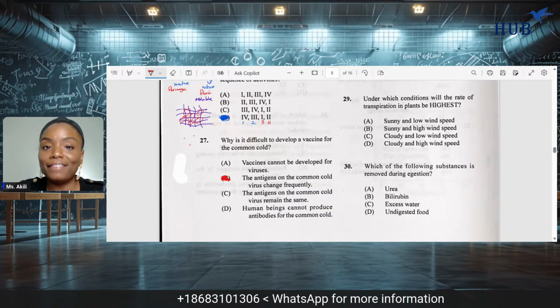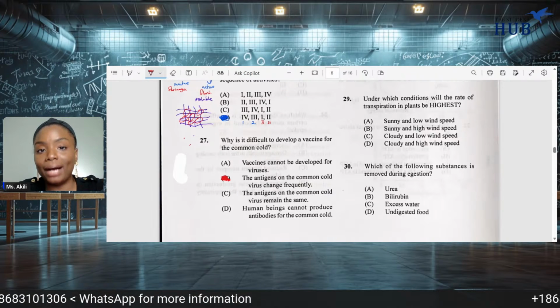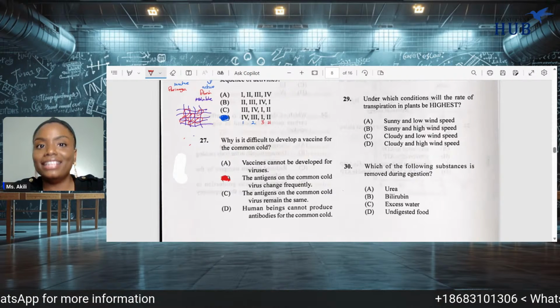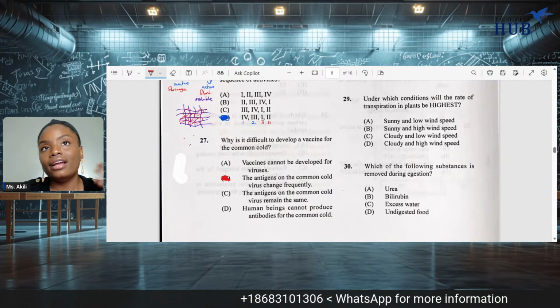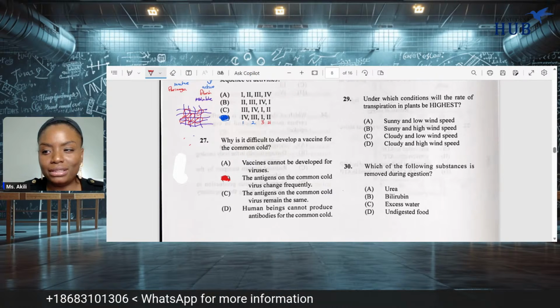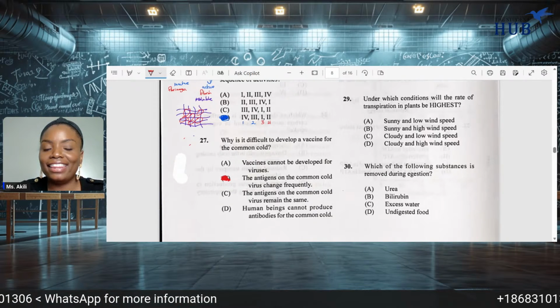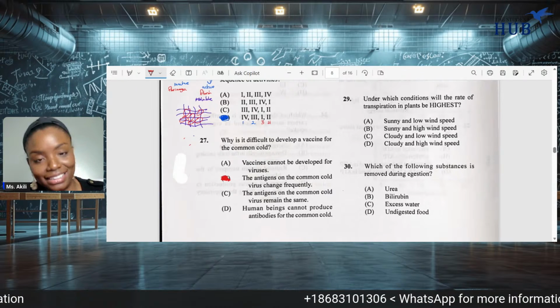So when they make a vaccine, it takes a while to develop. By the time they develop the vaccine, mass produce it, and roll it out, the viruses have had opportunity to change already, which means that flu vaccines aren't 100% protective. Even if you take the vaccine, it doesn't mean that you will never get the flu. A lot of us have taken the flu vaccine and still get the flu.